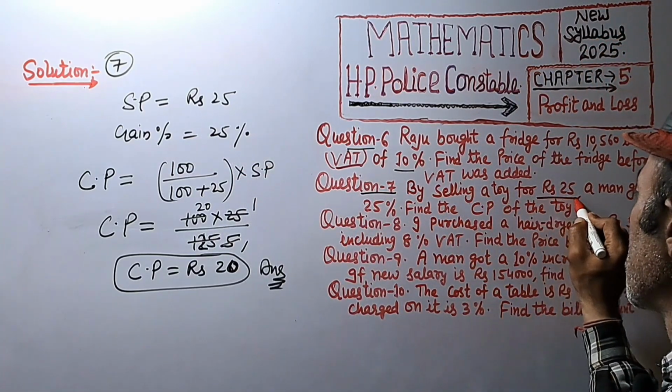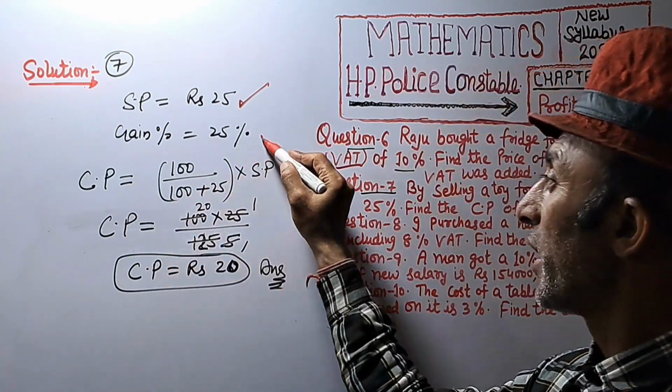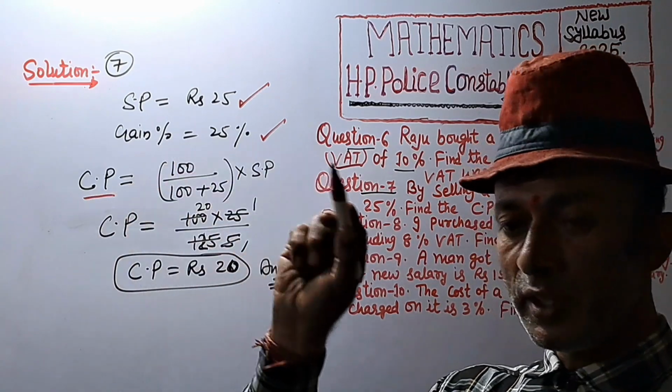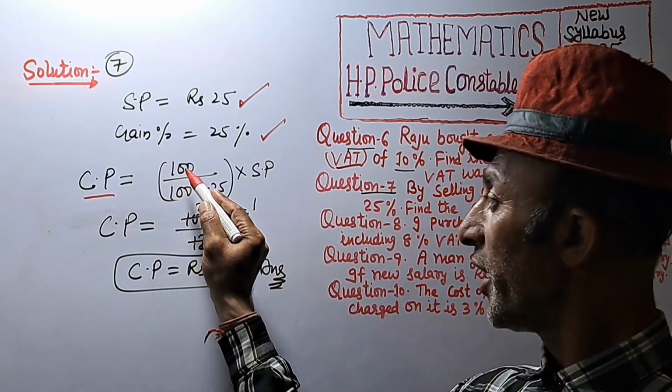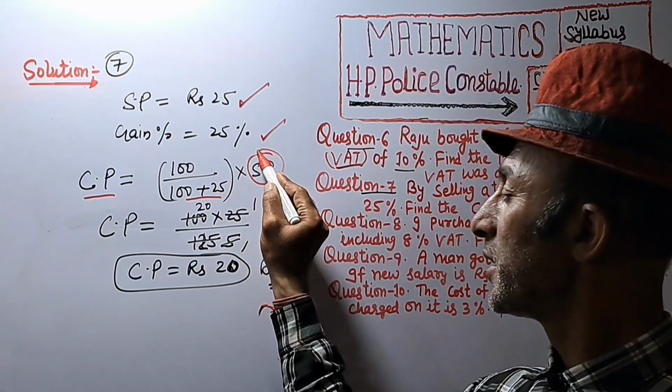Selling price equal to rupees 25 and gain percent equal to 25%. So cost price, as we know, cost price equal to 100 upon 100 plus gain percent multiplied by selling price.